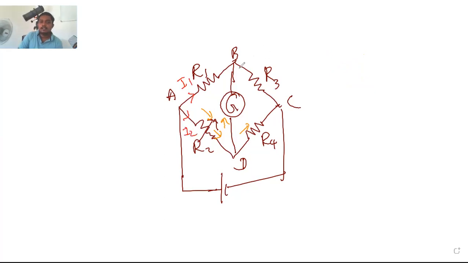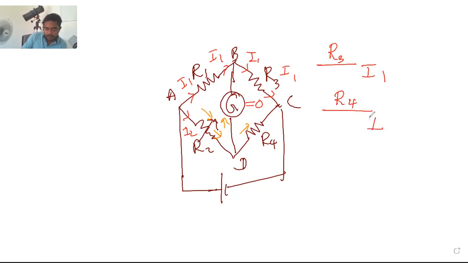When it is balanced, the galvanometer reading is 0. No current is passing through this line. So all the current here goes here. The current passing through R3 is I1. The current passing through R4 is I2. So that is what you need to write.